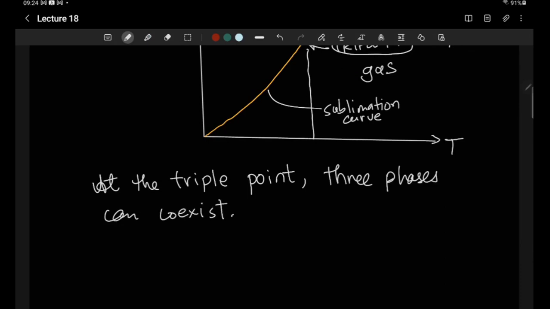And this is the maximum possible. Why am I saying that? Can we have four phases? It turns out ice has many different phases.